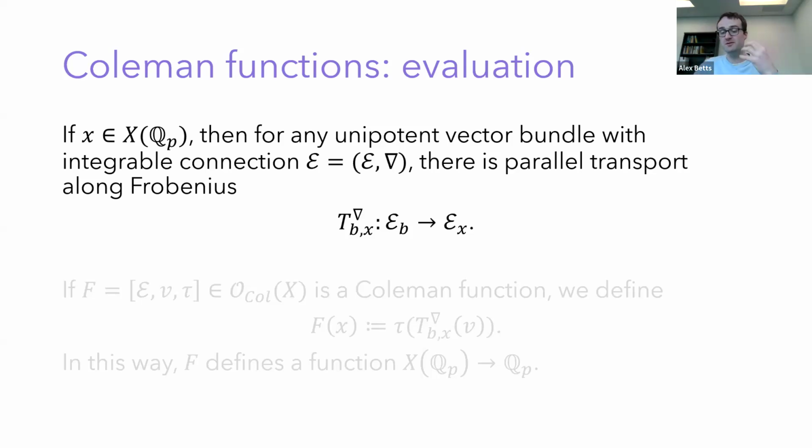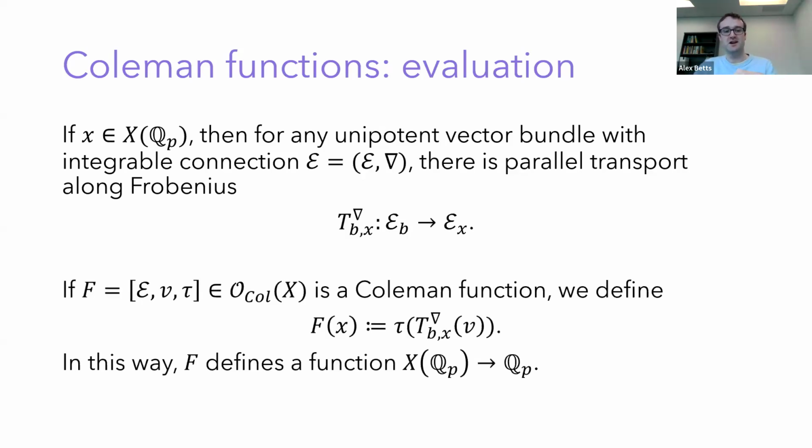And so this gives us a recipe for evaluating Coleman functions. If I take an abstract Coleman function and a point x and I want to evaluate it, I start from this element v, which is a point in the fiber over the base point b. I then parallel transport that over to a point in the fiber over x.